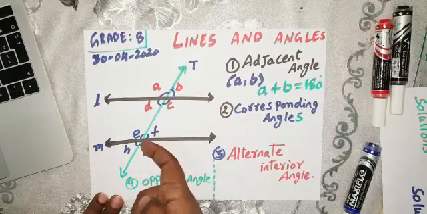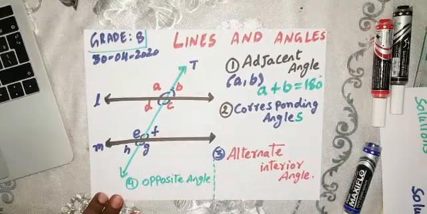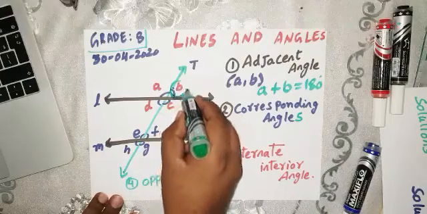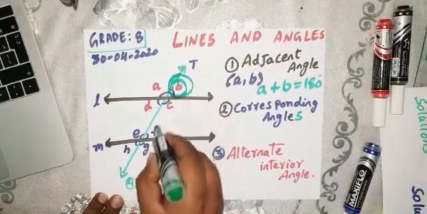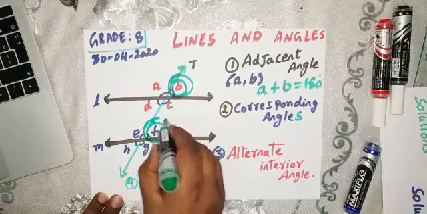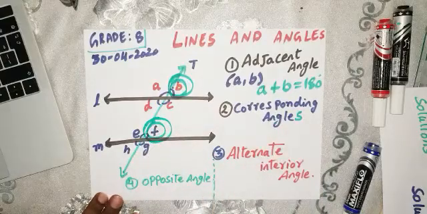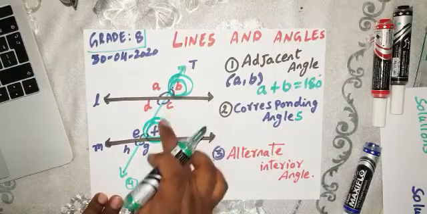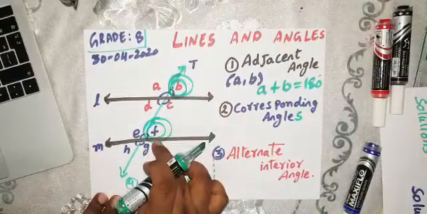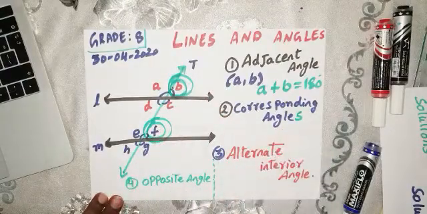F is also above the line on the right. So when they are in the same position, they are called corresponding angles. So B and F are in the same positions, so they are called corresponding angles.